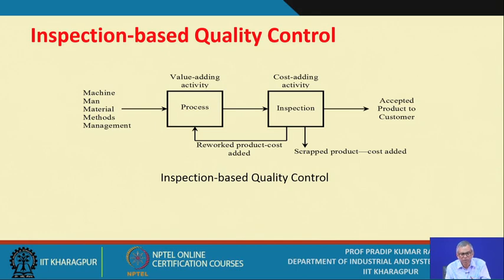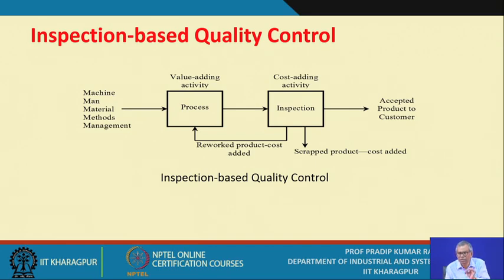Then you get the output, and the output is given to the inspection department, and they decide whether you are going to accept this output or not. If you accept it, that means it conforms to the specifications, and that proportion of the output will be sent to the customers.